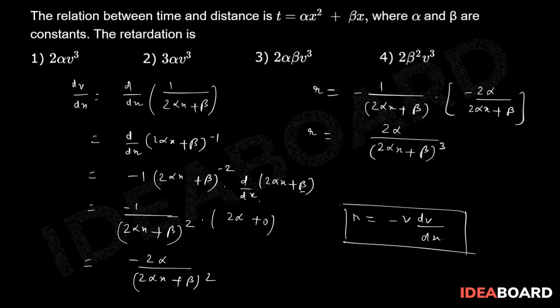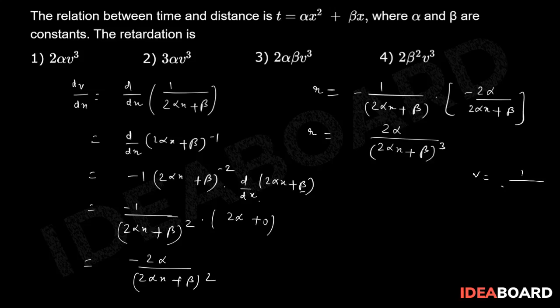Correct? Now if you see the options available, according to the option, you need to introduce v here. So what to do? We know that v was 1 upon 2 alpha x plus beta.